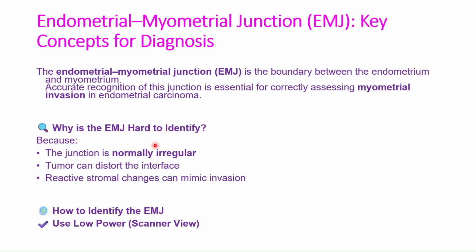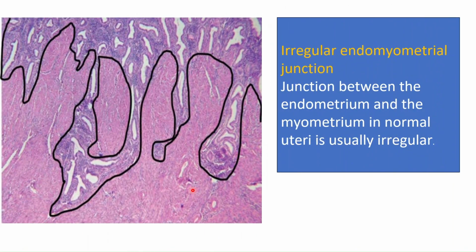Now, the endomyometrial junction is the boundary between the endometrium and myometrium. So, why is it hard to identify? Because it is normally irregular. Tumor can distort the interface and there is reactive stromal change which can mimic invasion. For the detection of the endomyometrial junction, we require a scanner view.